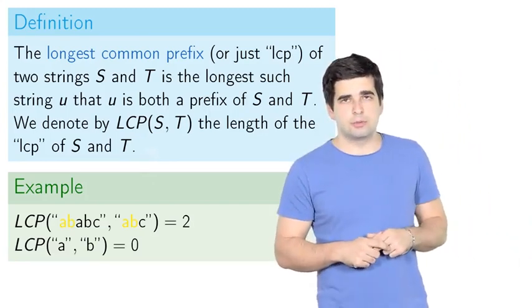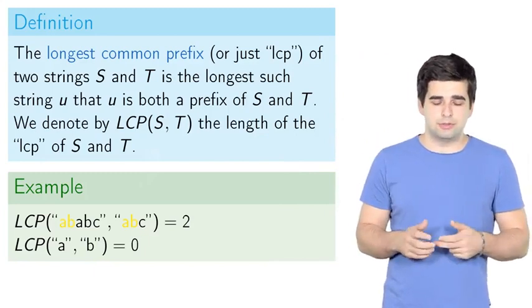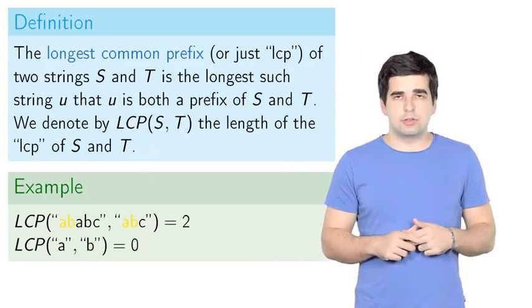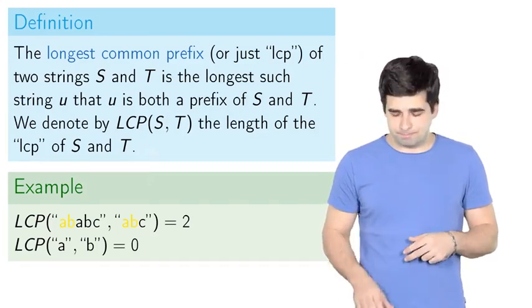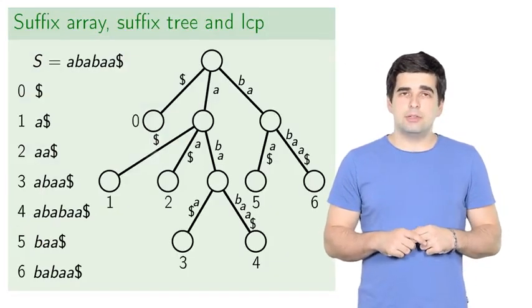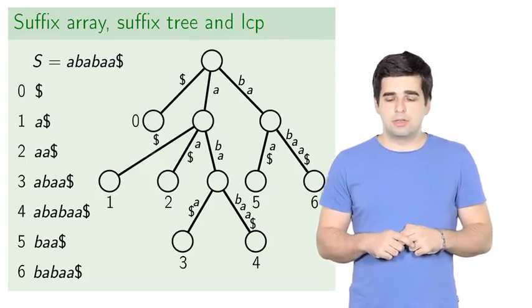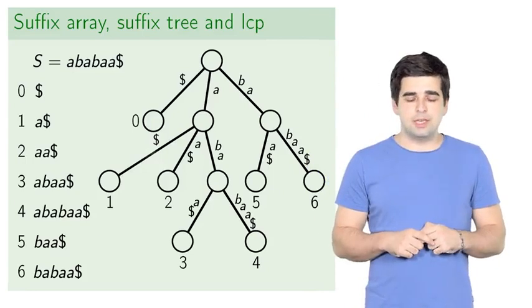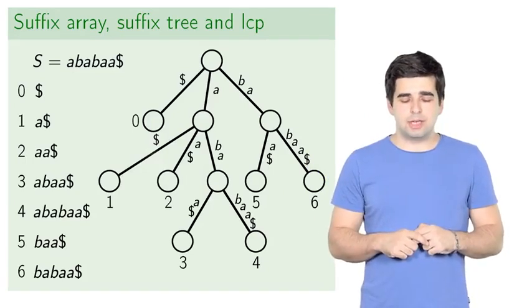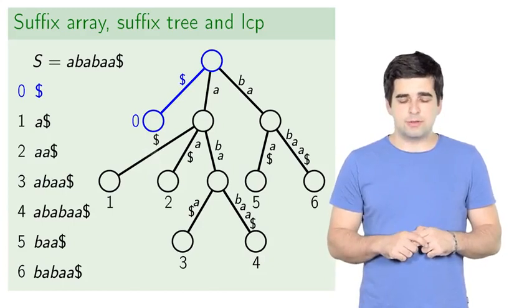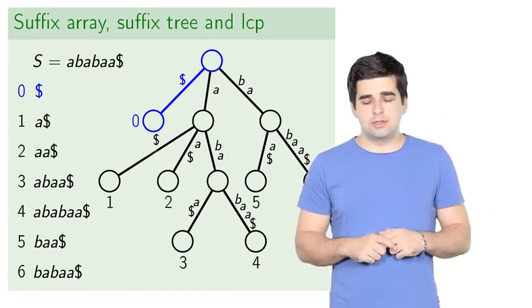Otherwise, the pair is the same as the previous one, and we don't need to create a new class, we just assign the same class to the current position. And in the end, we return the array with the new classes of the doubled cyclic shifts. We state that the running time of this algorithm update classes is linear, and that's easy to prove because we basically only have one for loop with a linear number of iterations and constant time operations happening inside.